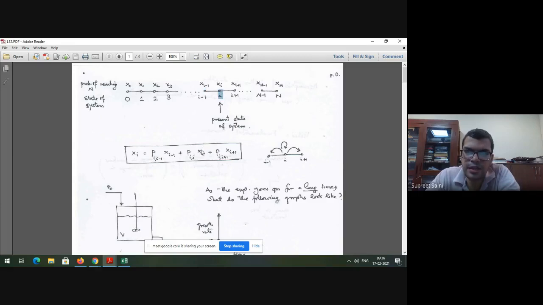So the probability that I will remain here after one time step and still be able to reach n is the probability of remaining here, which is pii, times the probability that starting from I I reach n, which is xi. And similarly, the last one, the probability of reaching n via the route that from I I go to I plus 1 and then reach n, is just equal to p(i,i+1) times xi plus 1.